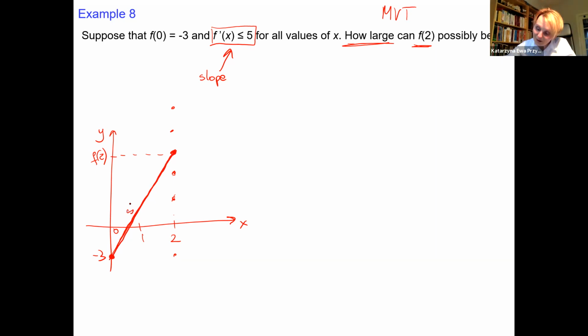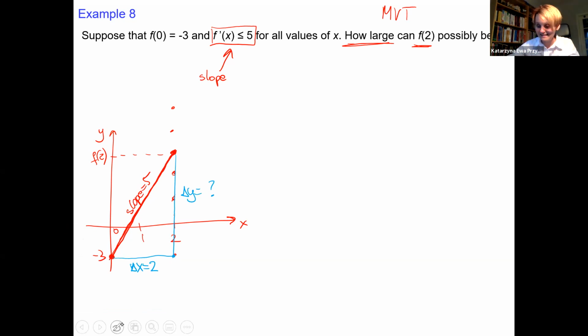If we know the slope is 5, we also know how to get the slope, rise over run. Run, of course, is 2. Oh, let's be more professional. Delta x. Delta x is 2. Delta y, we don't know. But let's do this one.